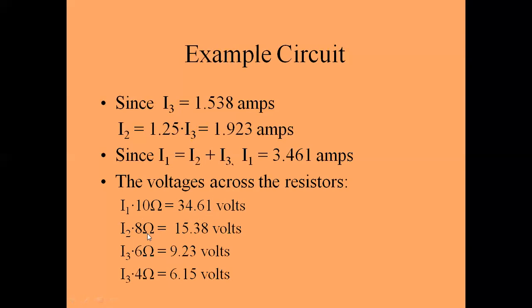Similarly, the voltage drop across the 8 ohm resistance is 8 I2, and that is 15.38 volt. The voltage drop across the 6 ohm resistor is 6 I3, equal to 9.23 volt. Similarly, the voltage drop across the 4 ohm resistance is 4 into I3, that is 6.15 volt.